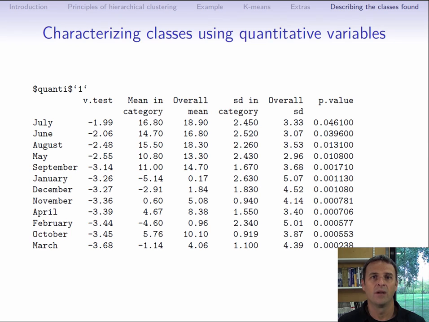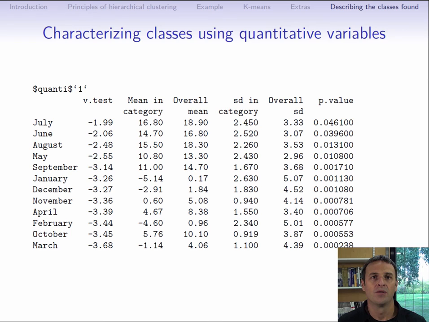The mean for the individuals in the black class for March is minus 1.14 degrees, whereas the mean for all individuals, including this class, is 4.06. We see that the standard error in this class is 1.1 and the population standard error is 4.39.